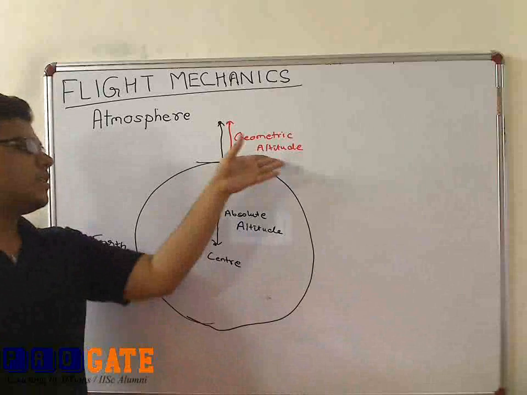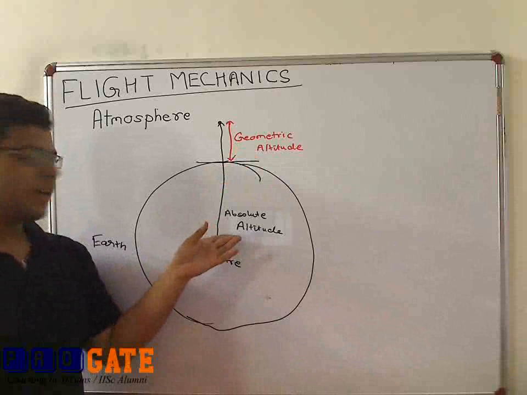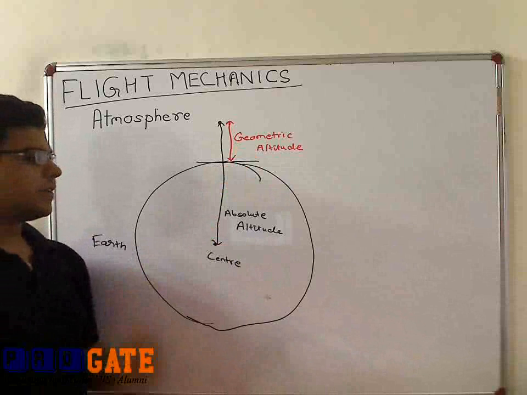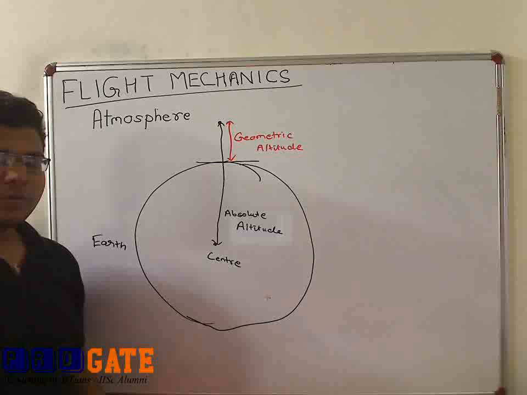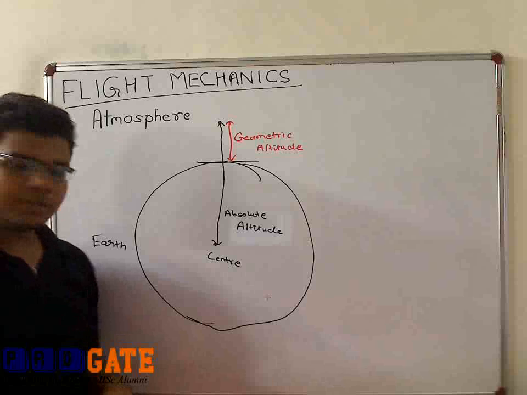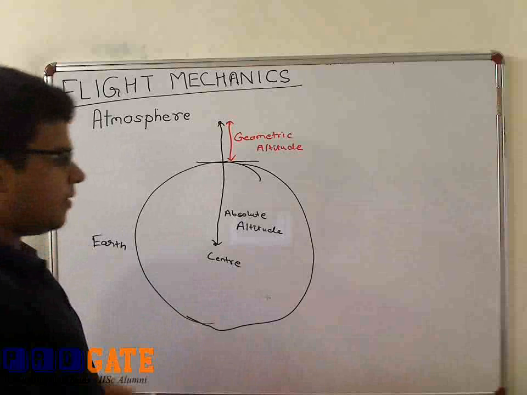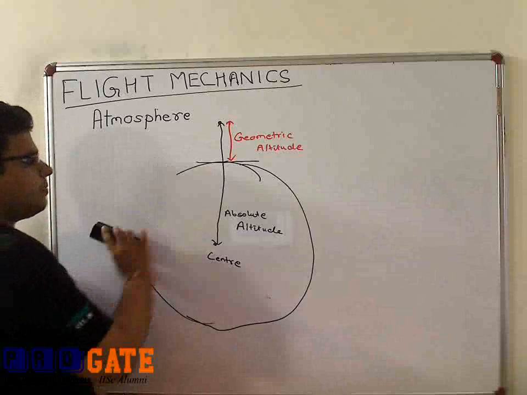So both these altitude definitions are not used in the standard atmosphere, but a derived new definition for altitude is used in its place. We will try to study about it.